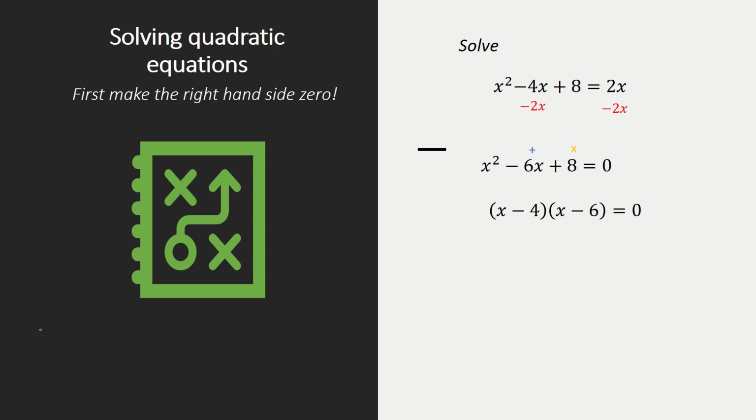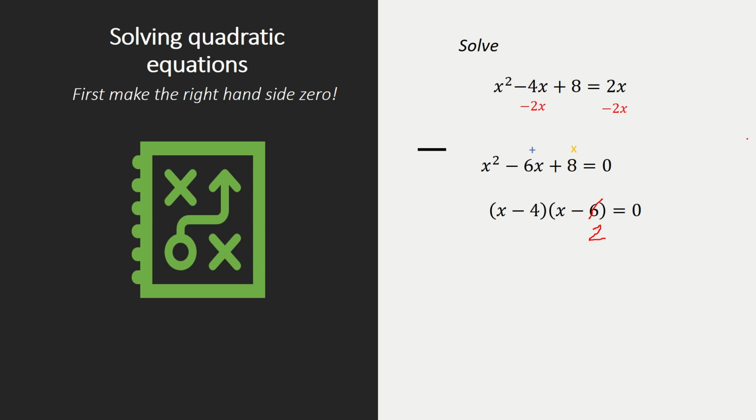So not 6, of course. Minus 4 minus 2 equals minus 6. And minus 4 times minus 2 equals 8.